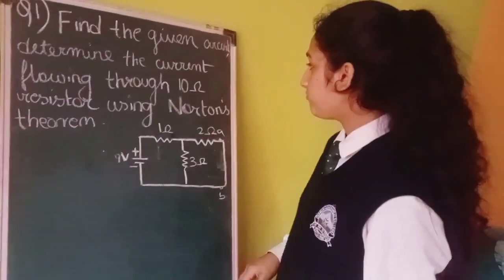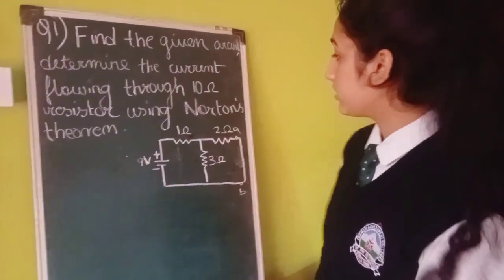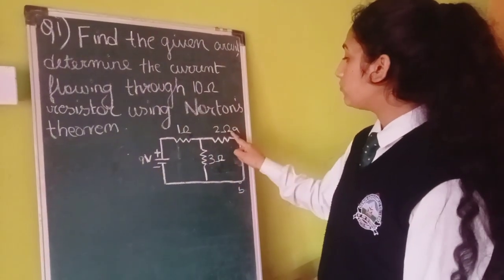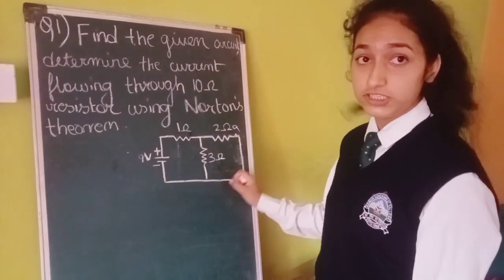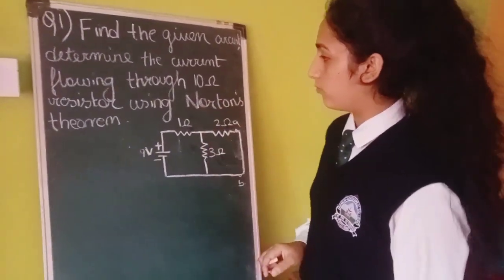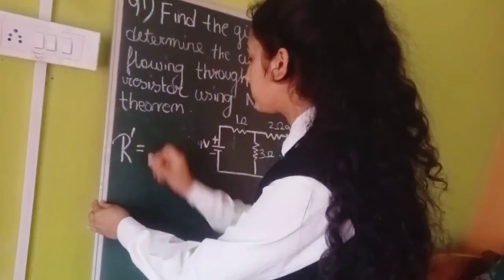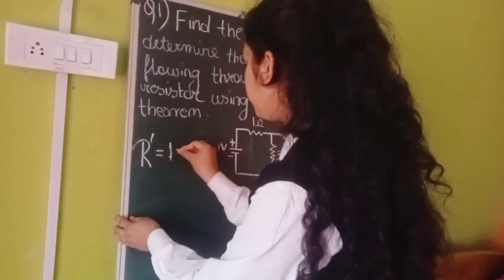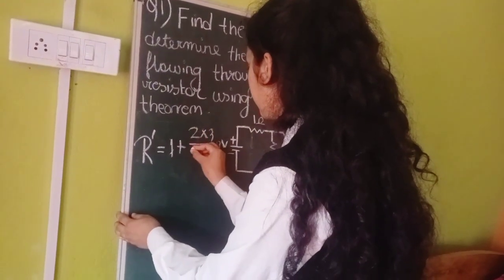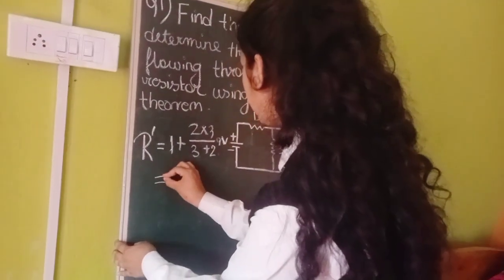To find the value of IN, first of all we need to find the total current in this circuit. As we observe this circuit, here 3 ohm and 2 ohm are in parallel combination with each other, and the parallel combination is in series with 1 ohm. That is, R dash will be equal to 1 plus 2 into 3 whole divided by 3 plus 2.